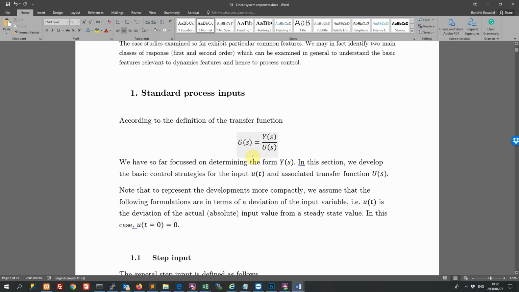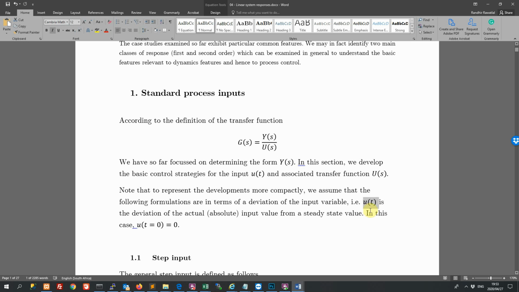Now anyway, our control action is typically represented as a U of t. We know in the time domain our output is a lowercase y of t, and so the control action is U of t.